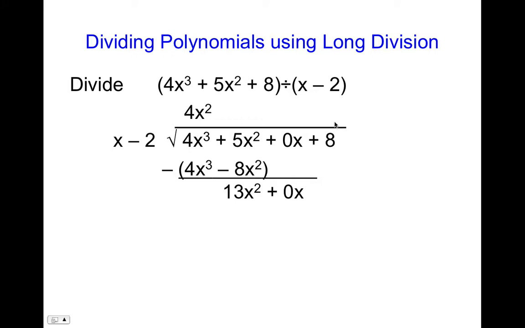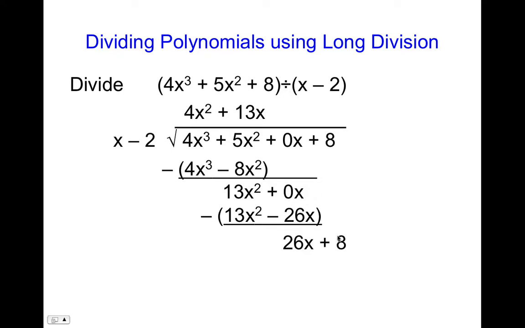Don't forget you bring the next term down. In this case it's a 0x. I now figure out how many times x goes into 13x squared, which is 13x times. I multiply my 13x by both of these terms, x and negative 2, to give me a 13x squared minus 26x. I subtract. The x squareds are going to cancel out, and then 0 minus a negative 26x gives me a 26x.